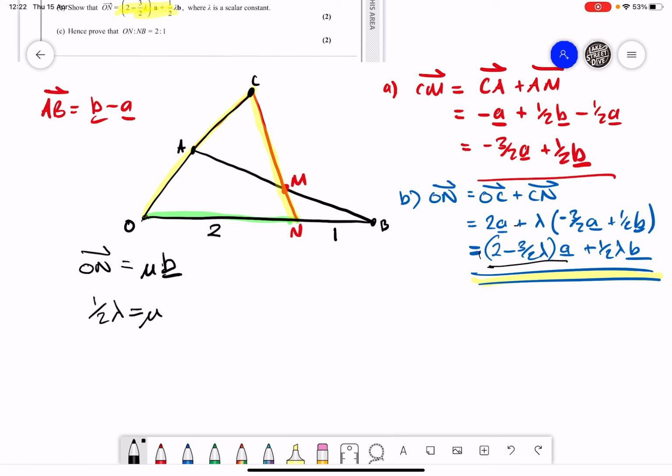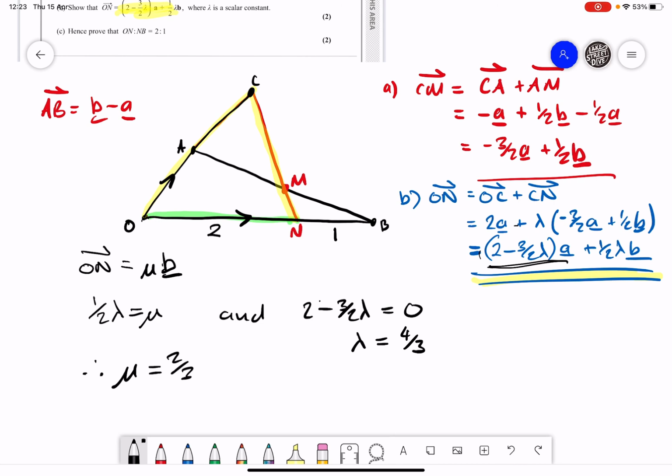The A parts here must equal 0, because it's not going anywhere in the A direction. It's not heading off this way at all. It's only going in that direction. So we know that 2 minus 3 over 2 lambda is equal to 0, which gives me lambda is 4 over 3. Therefore, mu is equal to a half of that, which is 2/3.